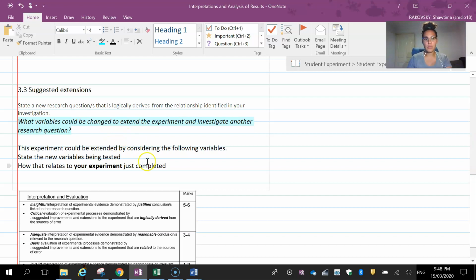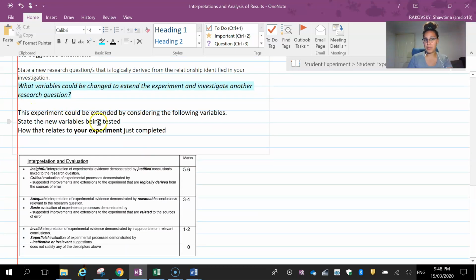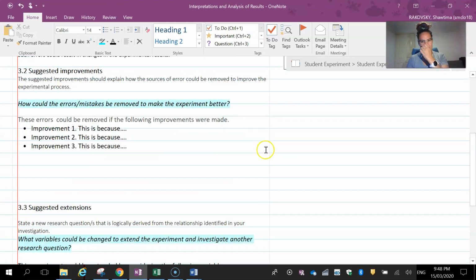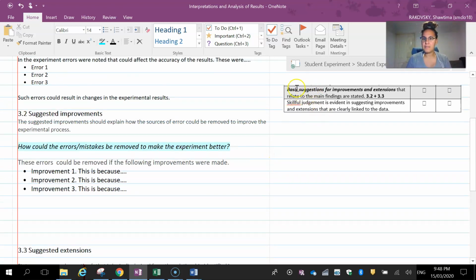Okay, so that's what we're looking for. I'm not going to write that there for you because I'm giving you a sentence starter, and then you need to fill it in. So you would have a sentence about this, and then how that relates to your experiment being completed. So again, looking at that checklist, skillful judgment is evident in suggesting improvements.